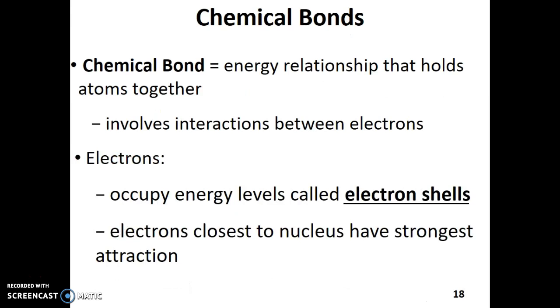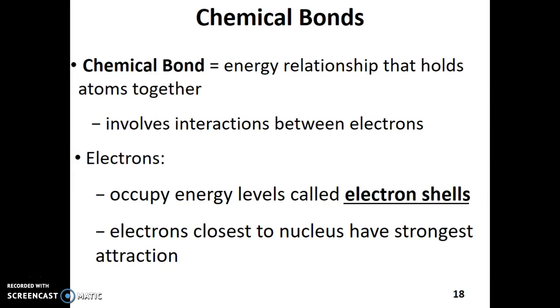So how do these bonds form? If we're going to have hydrogen and hydrogen bond, oxygen and oxygen bond, sodium and chlorine bond, hydrogen and oxygen bond, what's causing the bonding? So a bond is just a relationship between atoms that allows the atoms to be more stable. So remember, in the outer energy, or in the outer orbitals, we have electrons.